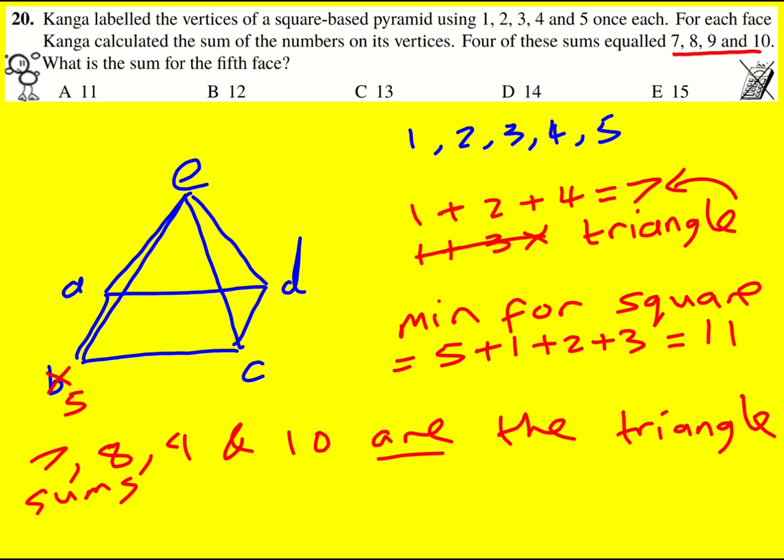Right, so let's have a go at adding the triangle sums. If I do this triangle on the left, I'm going to get A plus E. I'm going to stick with B for the time being.